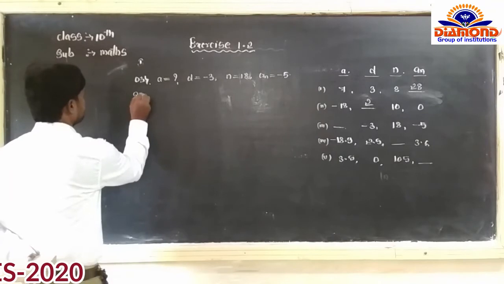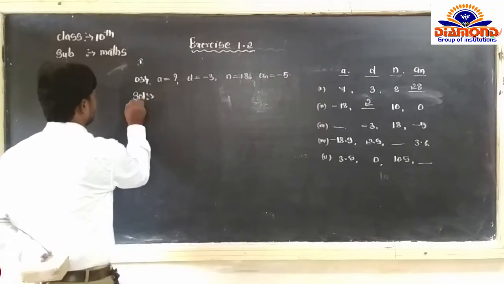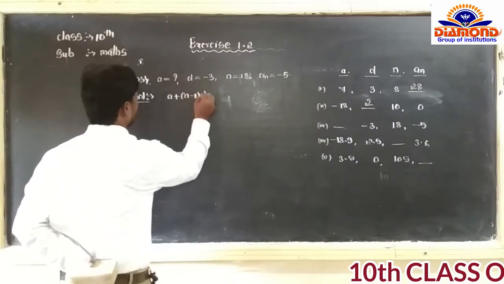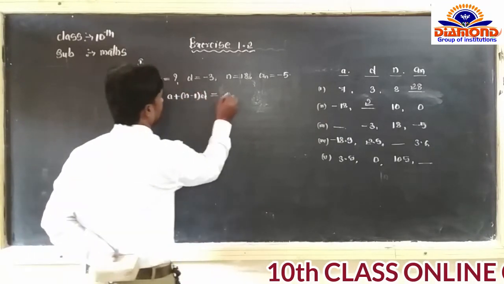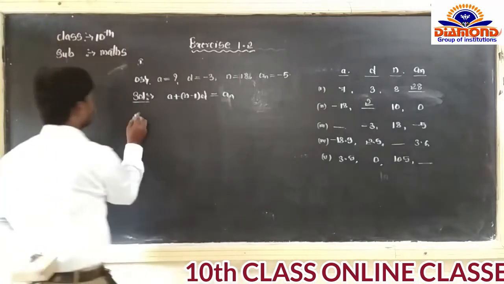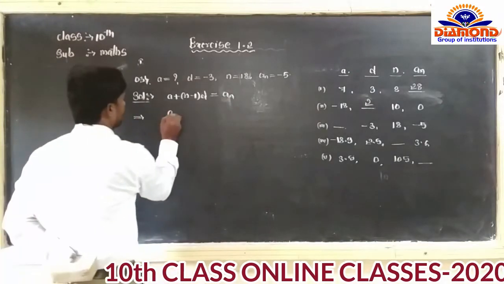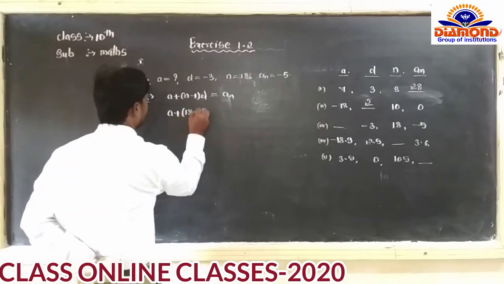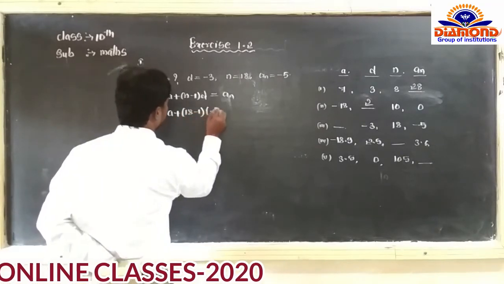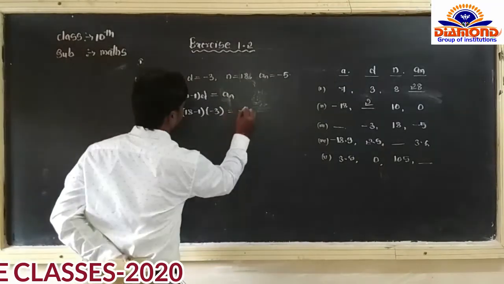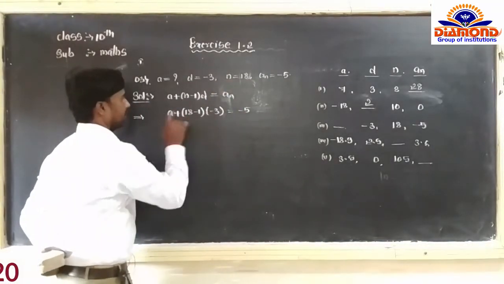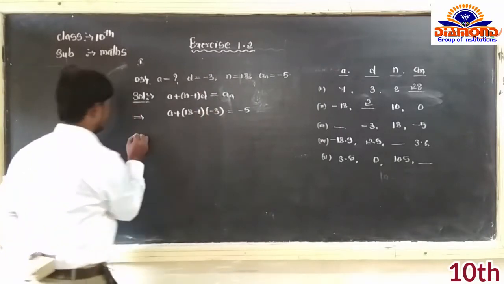So solution. Here a plus (n minus 1) common difference d is equal to an. Substitute the value. a we are finding, plus n value is 18 minus 1, common difference is minus 3 and here minus 5. a as it is, n value is 18 minus 1, common difference is minus 3.